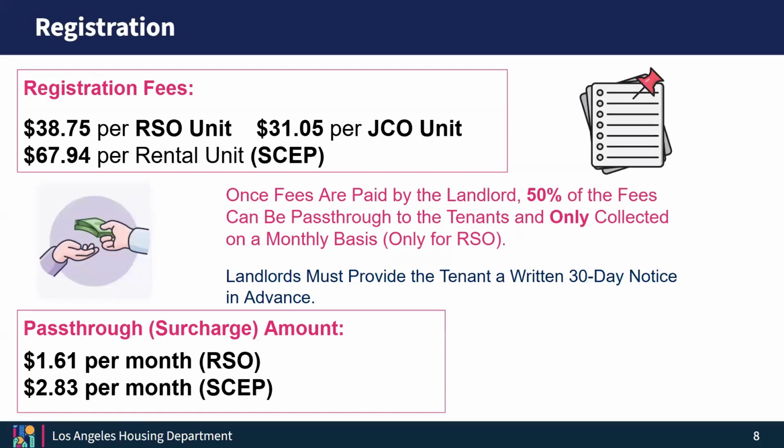Once the fees are paid by the landlord, 50% of these fees can be passed through to the tenants and only collected on a monthly basis, only for RSO units. Landlords must provide the tenant a written 30-day notice in advance before collecting the fees. Basically, it comes out to $1.61 a month for the RSO fee and $2.83 a month for the SCEP fee, totaling $4.44.